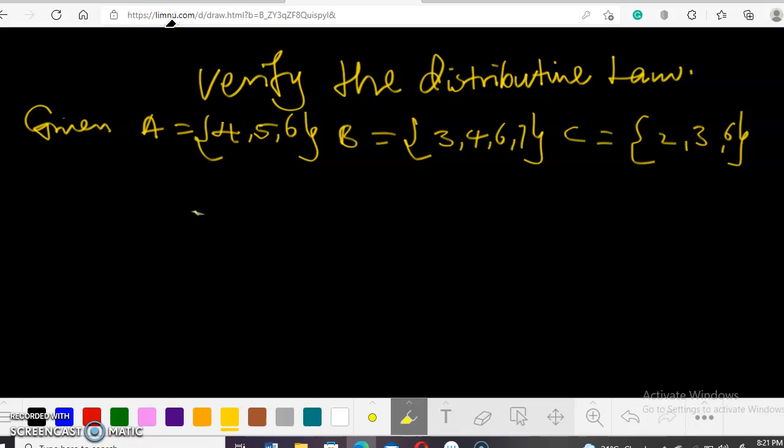To do this, we need to use the distributive property.